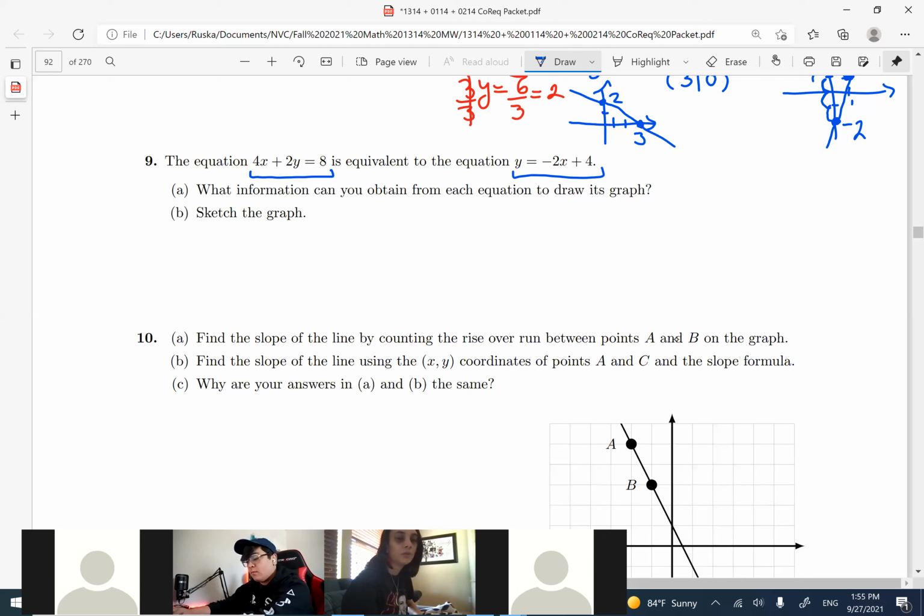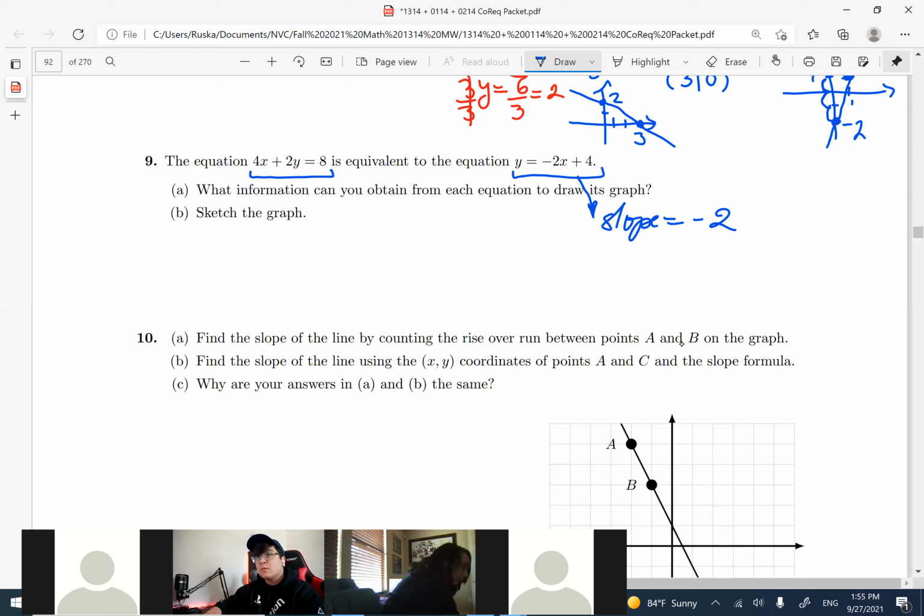What is the difference? The difference is that one of them you have to move everything over. One of them has y by itself, yes. Okay. And what information can you get from here? You can get the y-intercept and the slope. Good job, Zane. So if I am given the second equation, I can find the slope, which is -2, and I can find the y-intercept, right? 0 and 4.